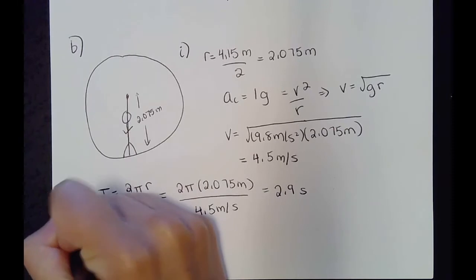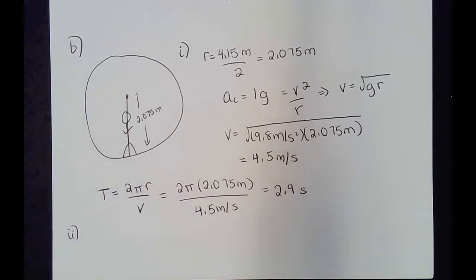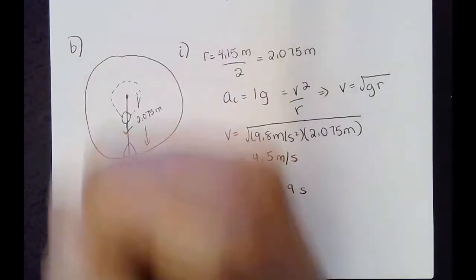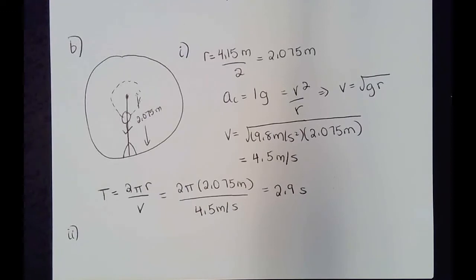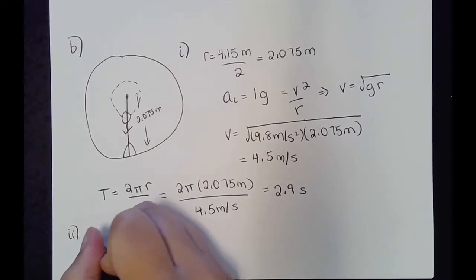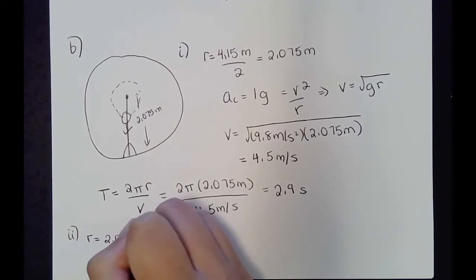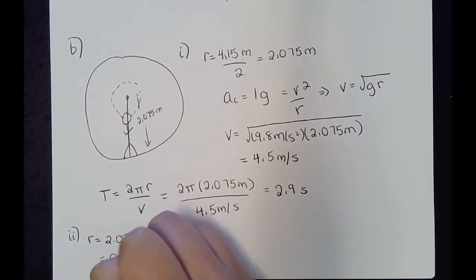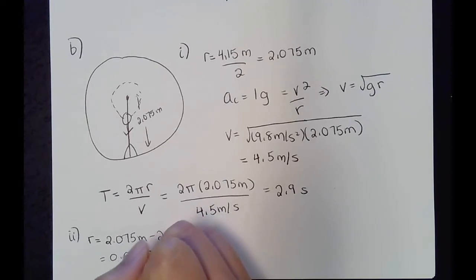Okay, for part 2, let's see what that period would produce for a centripetal acceleration at the person's head. The head is actually only making this small circle around the midpoint, so its radius will be smaller, 2.075 meters minus 2 meters, so only 0.075 meters.